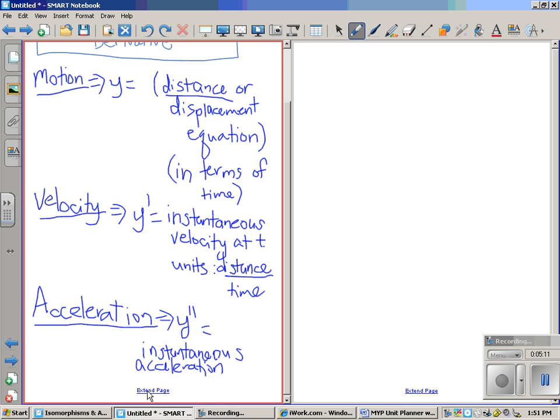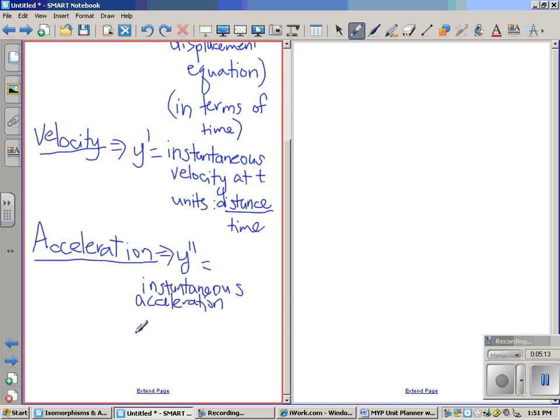Okay, and our units of that, again, we had, let's say, feet per time unit, so feet per second, feet per hour, depending on what we're talking about. The units of acceleration are distance over time, so in other words, distance over time squared.